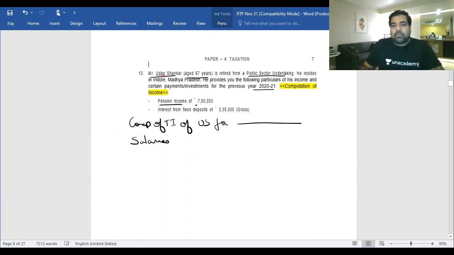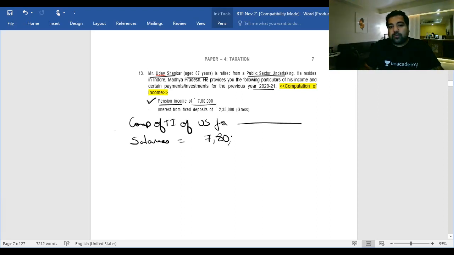Guys, pension income is when you retire, you get pension income. But remember, pension income is taxable in the same way as salary under the same head, that is salaries. So 7,80,000. But always remember, there's a standard deduction in salary of 50,000. So that you will minus 50,000. So in the outer column, you will have 7,30,000 from salary.